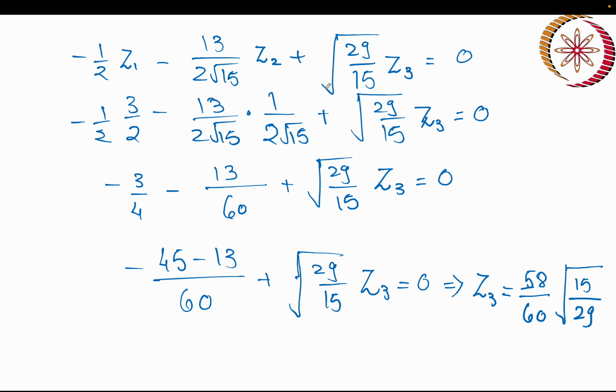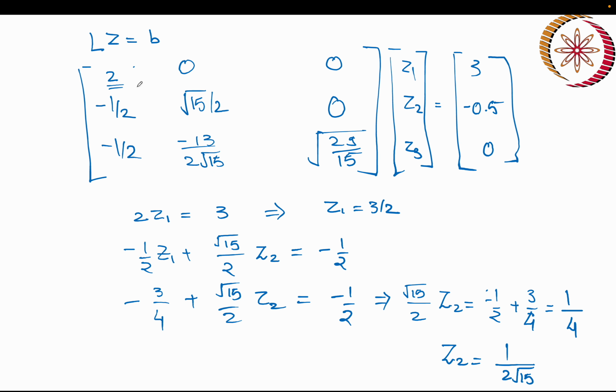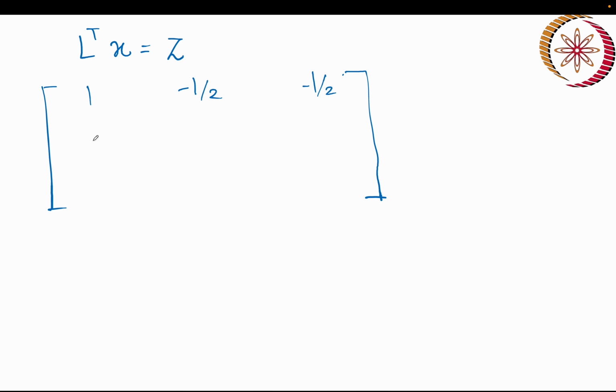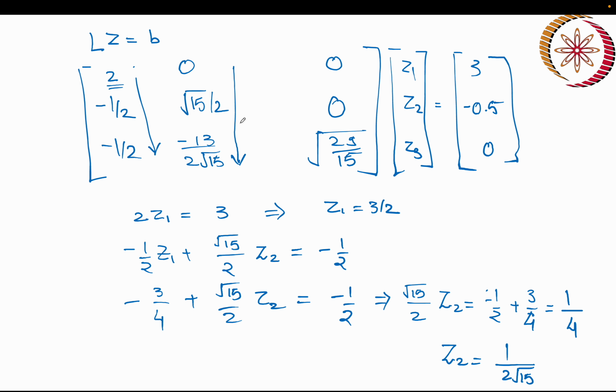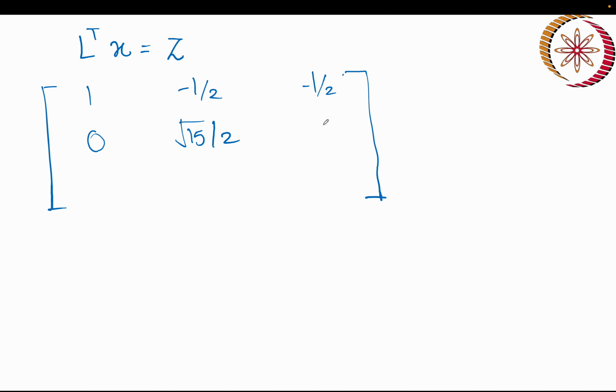We are writing the transpose, so this will be the first row, and this second column will be the second row for L transpose: 0, square root 15 by 2, and minus 13 by 2 square root 15.